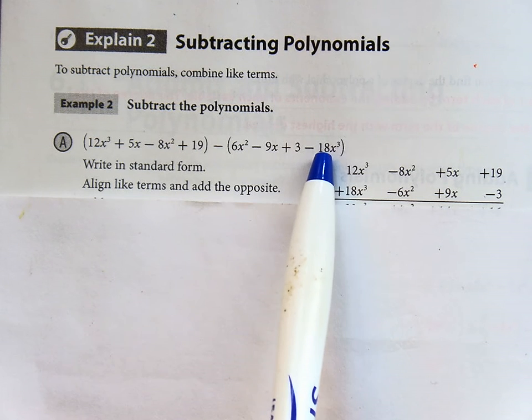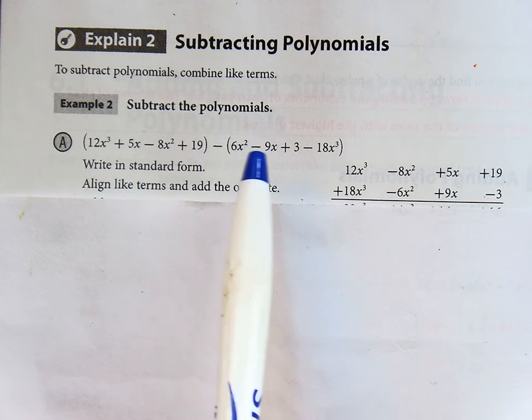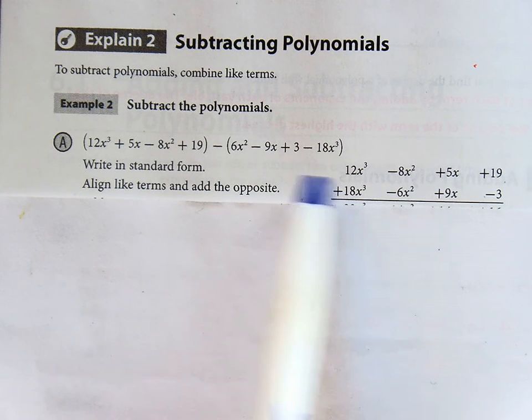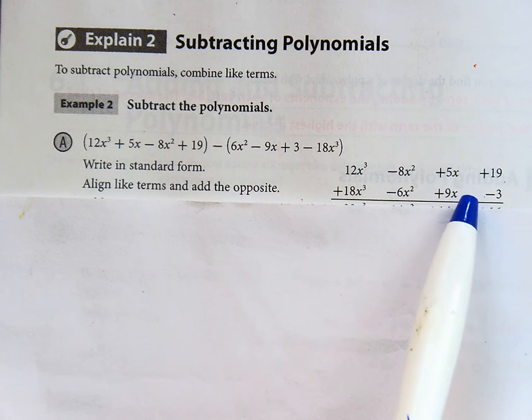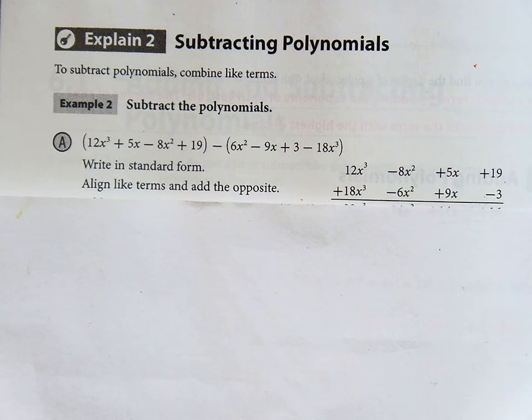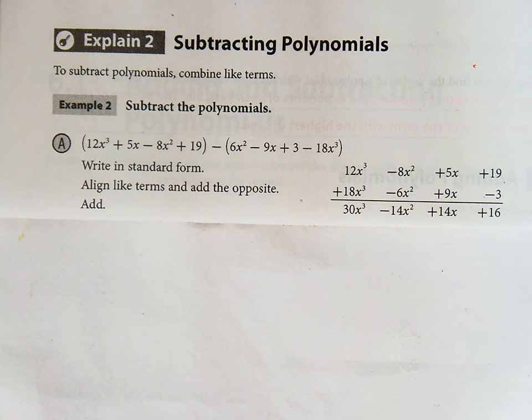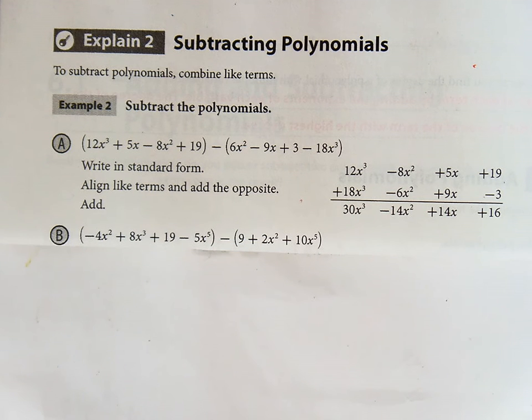When you do that, you're changing the signs of the different monomials. And then once you've accomplished that, you can just combine like terms by adding their coefficients, and you are finished.